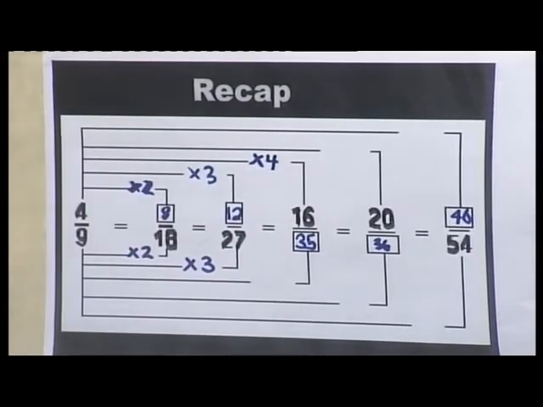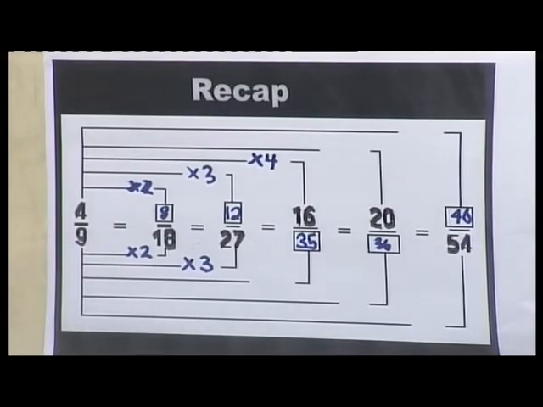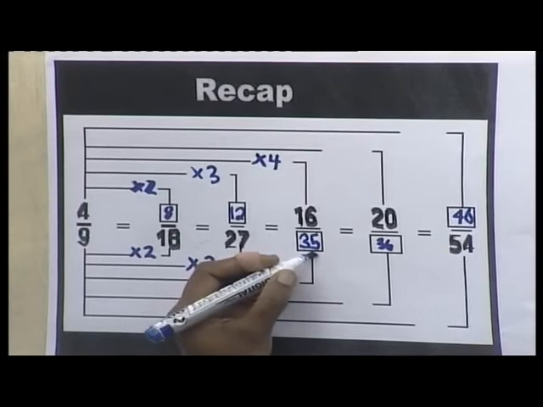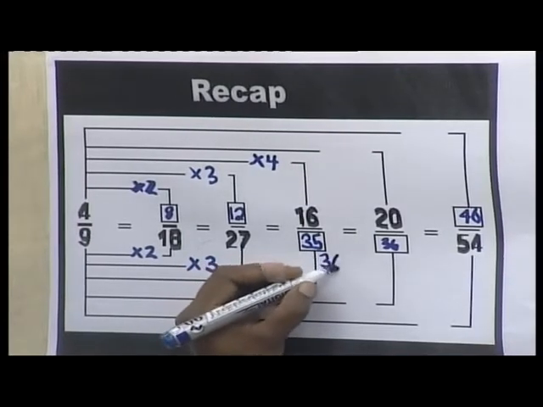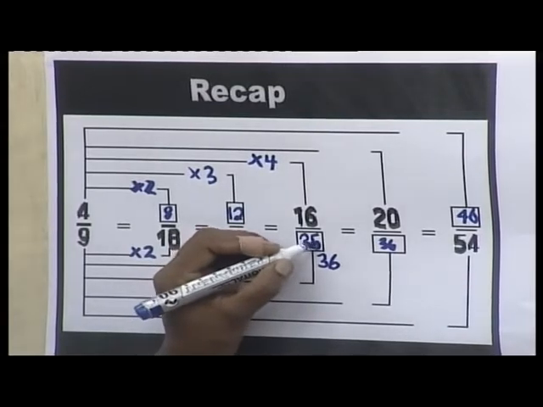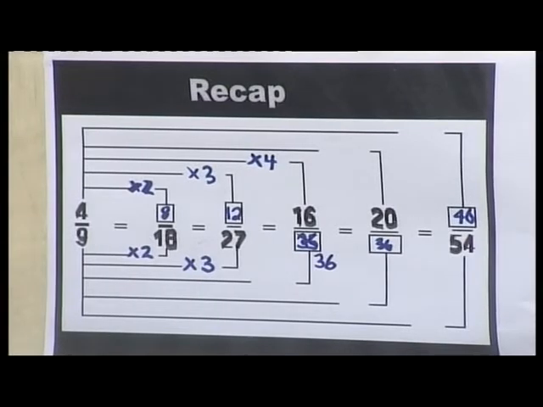This is correct. 9 times 4, is it 35? No, it's supposed to be 36. So it's not 35, it's 36. Let's move on to the other equivalent fraction.